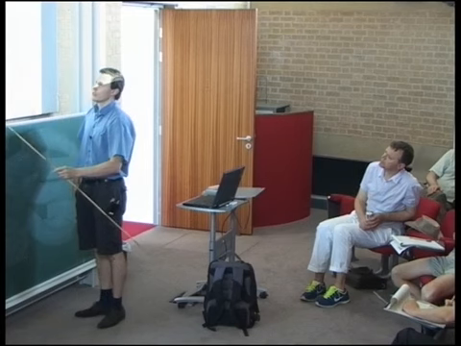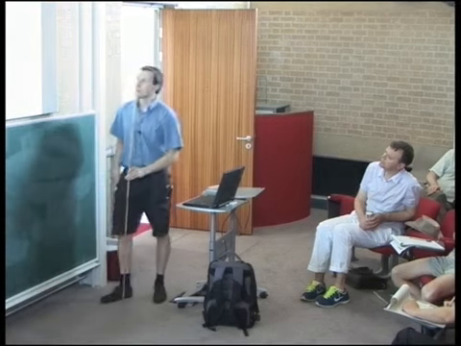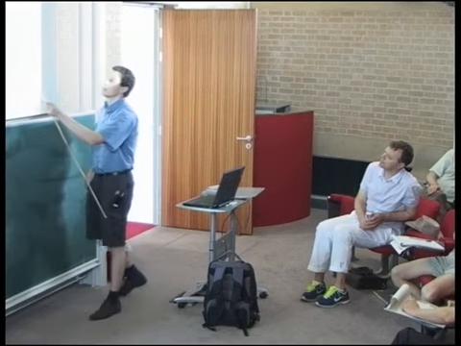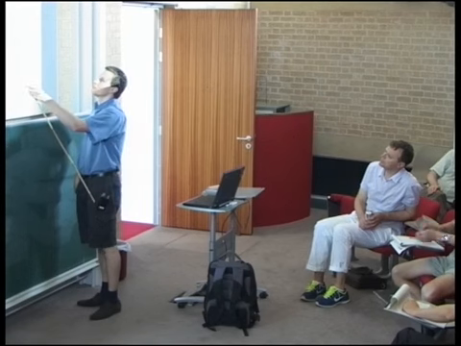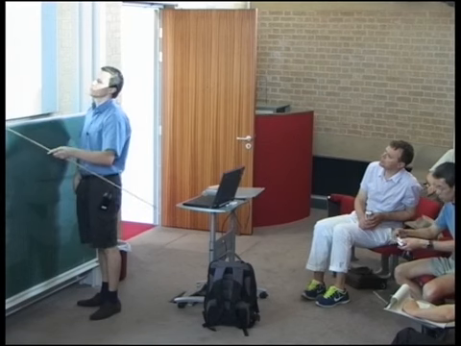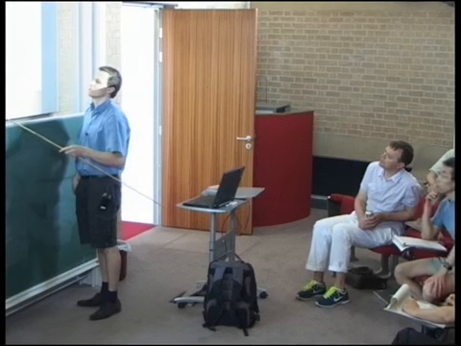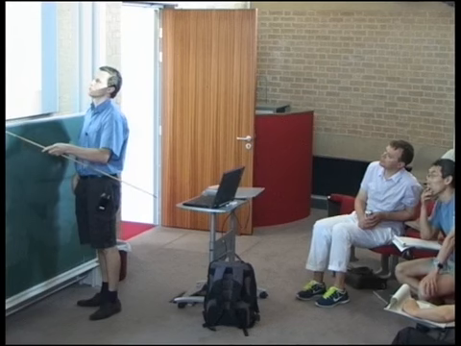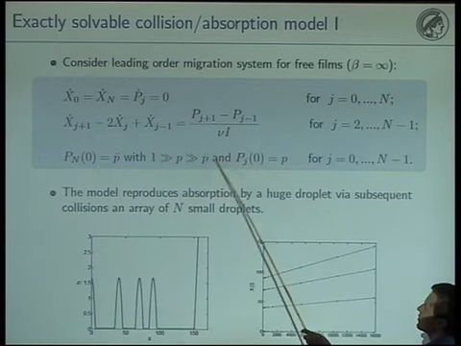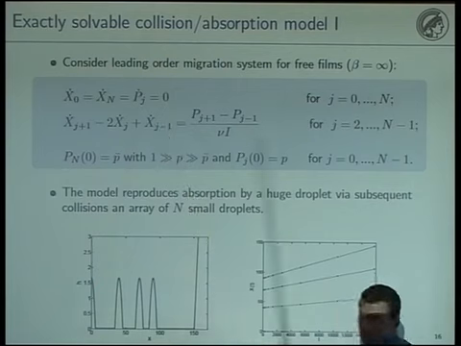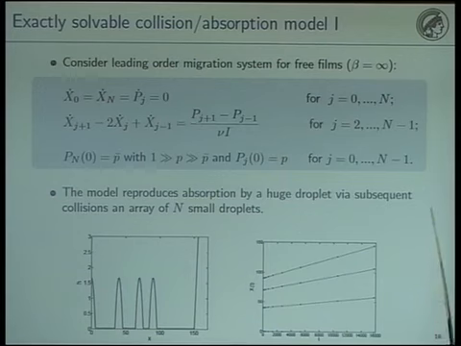For this initial configuration, looking at the model, you see that the right-hand side is 0 everywhere except for j equal N, because there the difference between the pressures of the big droplet and the small droplets appears on the right-hand side. For this very special initial data, you can resolve this system explicitly and obtain a solution. Each droplet moves with a constant velocity, as I showed, and you get an explicit formula for these velocities.